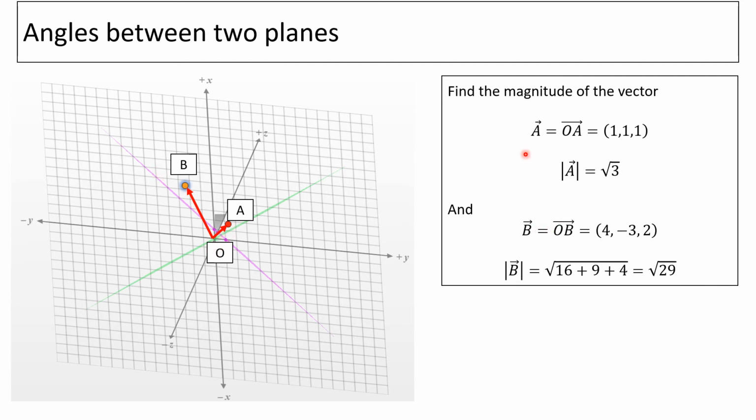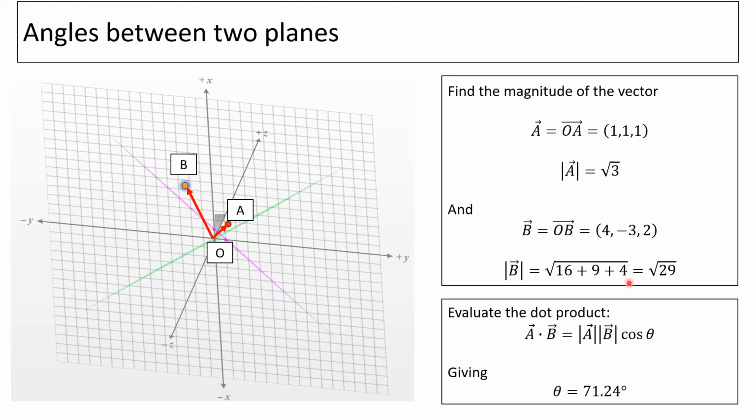The first thing we do is find the magnitude of the vector OA, which is square root of 3. This is very straightforward. And the magnitude of OB is equal to square root of 29. With these two magnitudes, we can evaluate the dot product: A dot B equals magnitude of A times magnitude of B times cos theta.